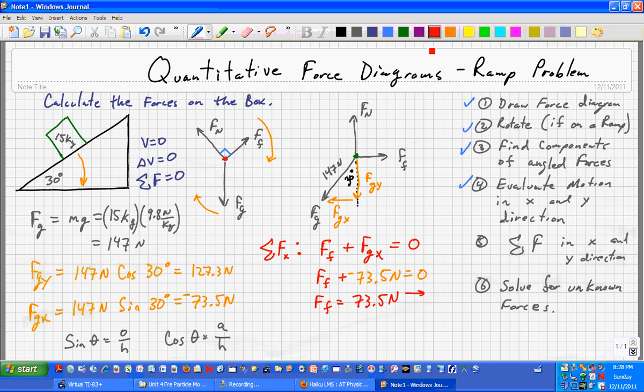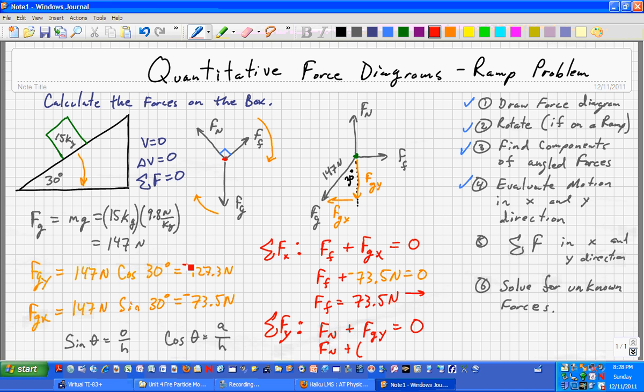So now I can go ahead and do the sum of the forces in the y direction. That's going to be anything that's up and down. So I've got force of normal plus the force of weight in the y direction is going to add up to 0. So that means my force of normal plus a negative 127.3 newtons.